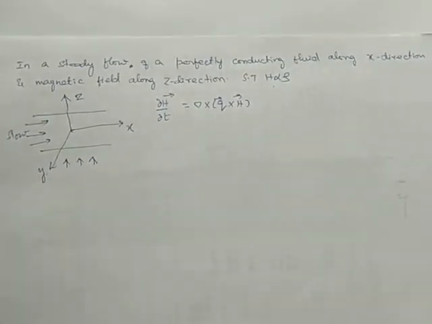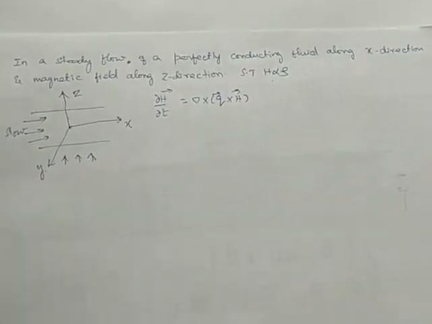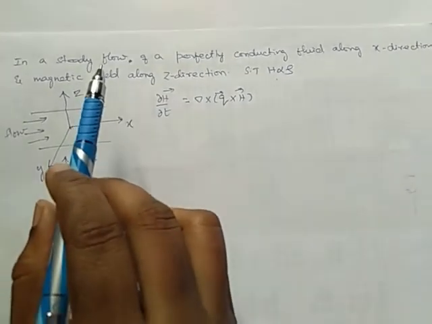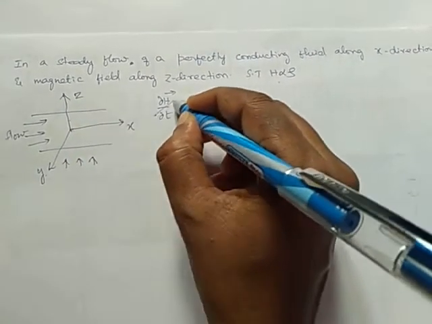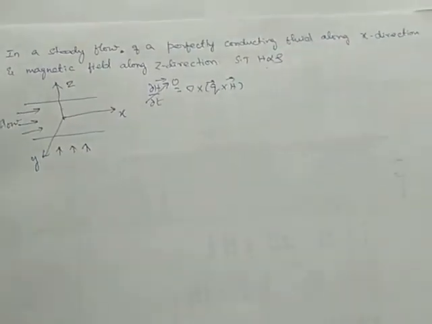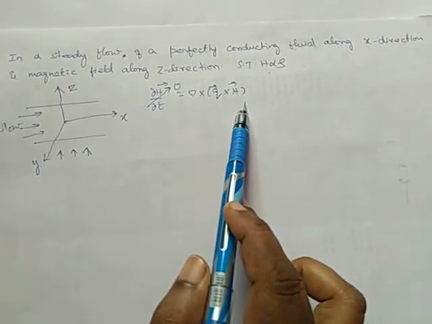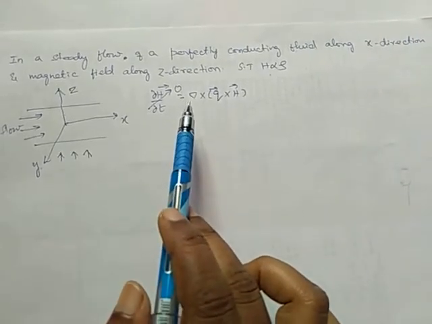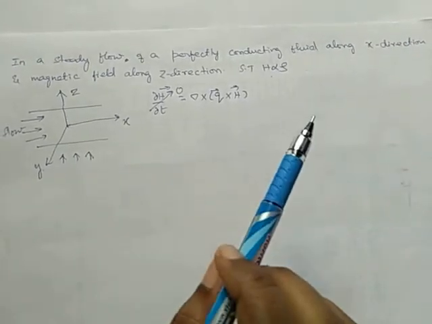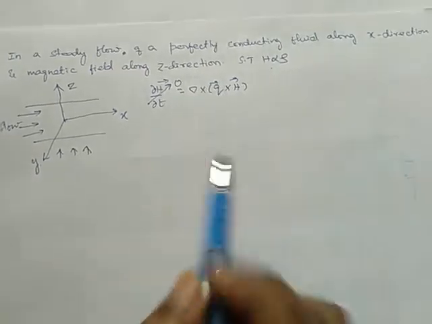Since the flow is steady, it will not change with respect to time. Therefore, dou H by dou t is 0. Now we have del cross (Q cross H) equal to 0. Here, the flow is in the direction of the x-axis.